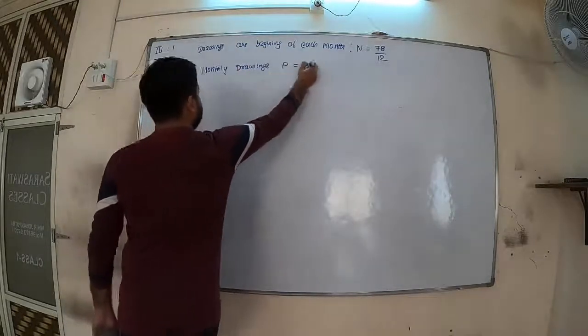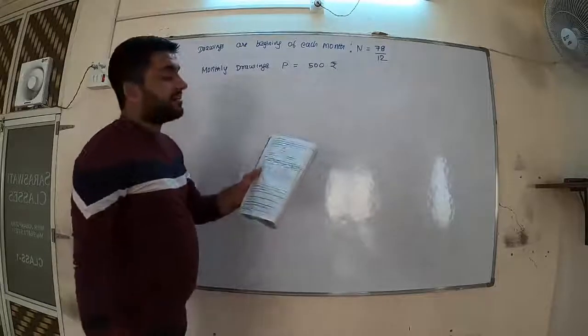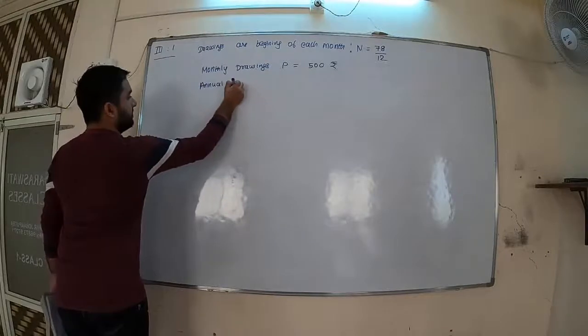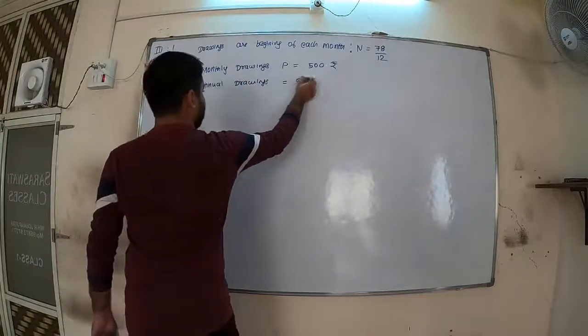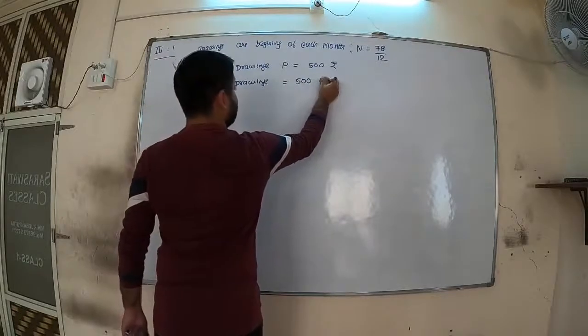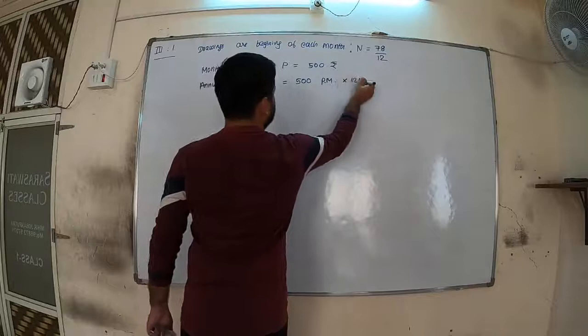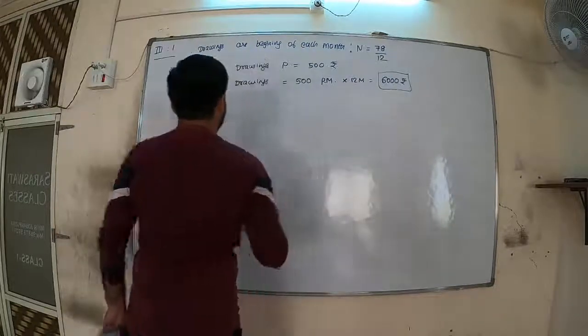Monthly drawings P is equal to 500 rupees. And they are asking an extra question, determine annual drawings. So annual drawings is equal to 500 PM, PM means per month, into 12 months is 6,000 rupees. First answer is over.